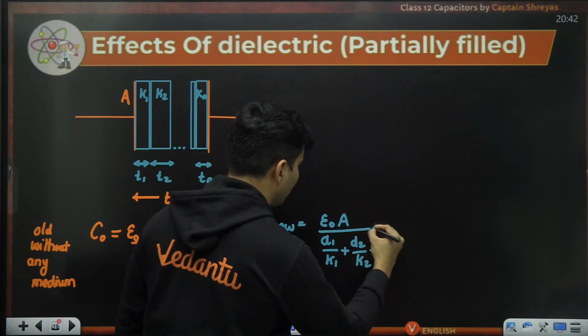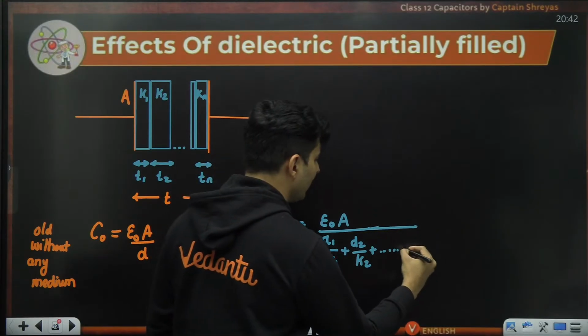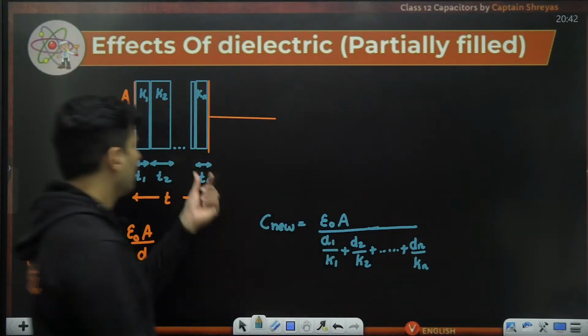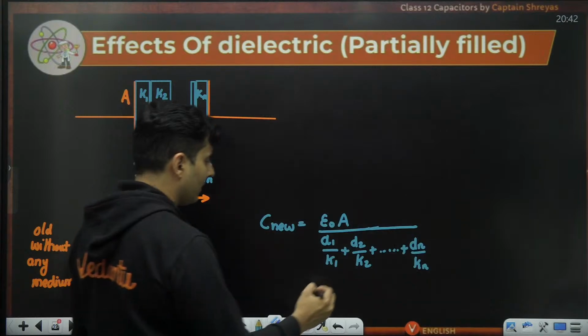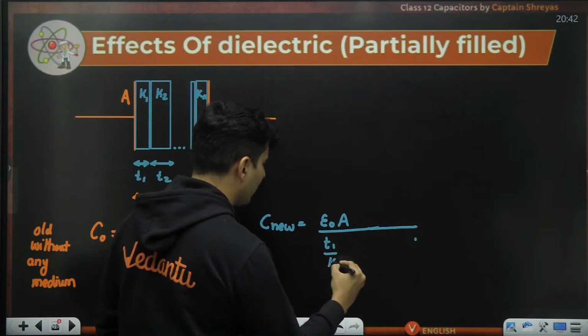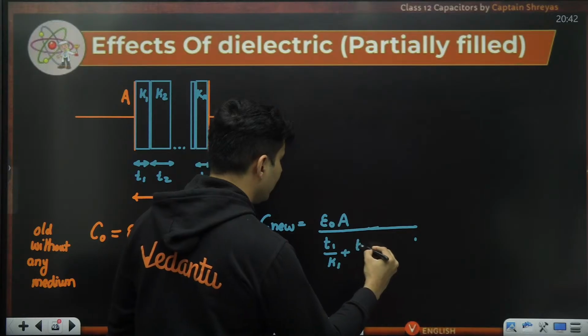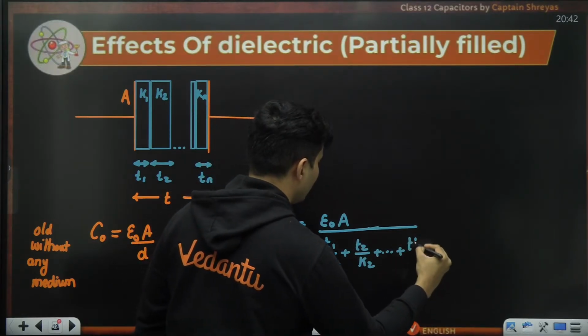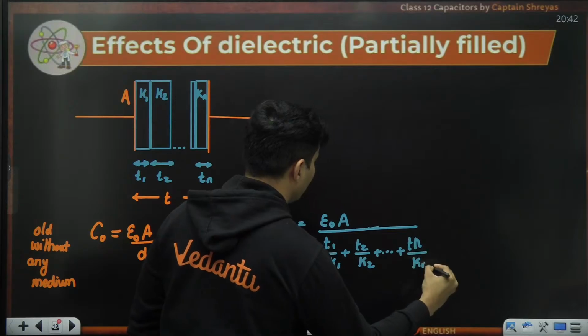Like that, whatever number of slabs are there, that many terms will come. Last term will be Dn by Kn. Sorry, instead of distance, we can also put thickness. My bad, I've used the T symbol. So T1 by K1 plus T2 by K2 and so on and so forth. Last will be thickness n divided by Kn.